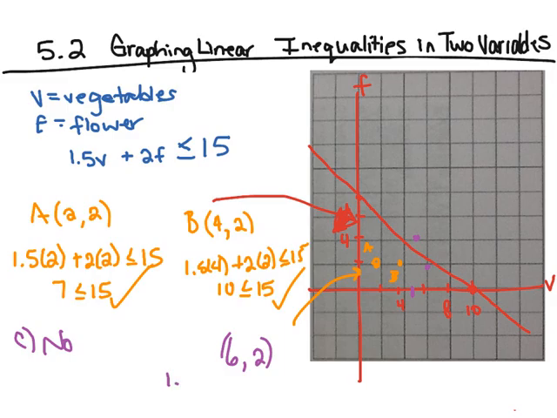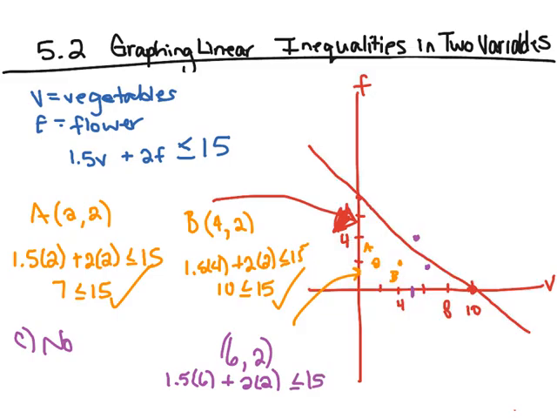So we plug this in, so 1.5 times 6 plus 2 times 2 is less than or equal to 15, which is 13. So she can spend up to about $13 from our graph that we've drawn without going over. So choose a point as close as possible to the graph without touching it.